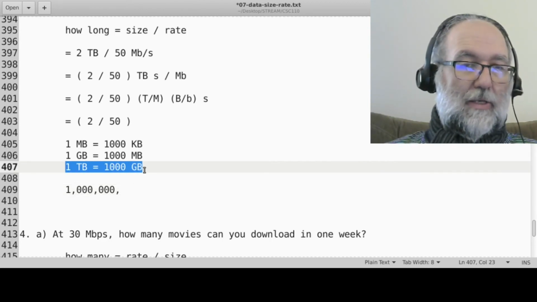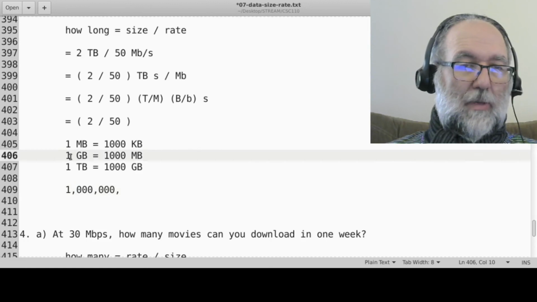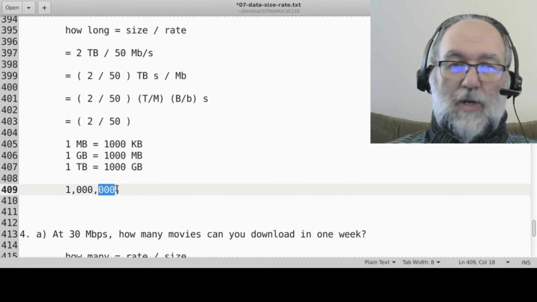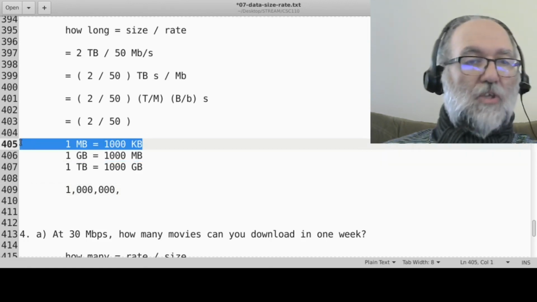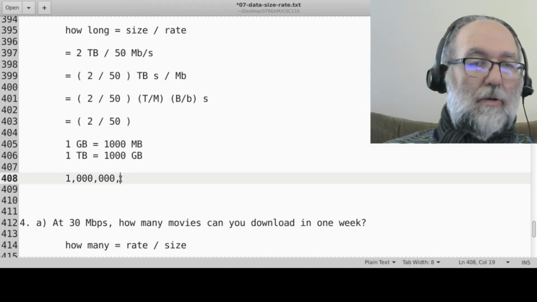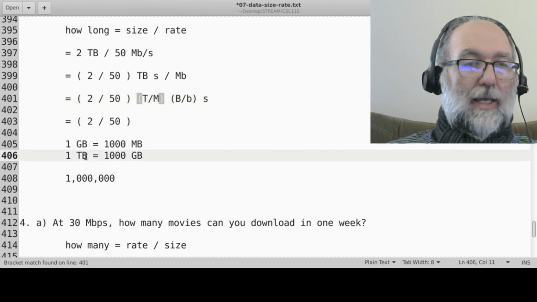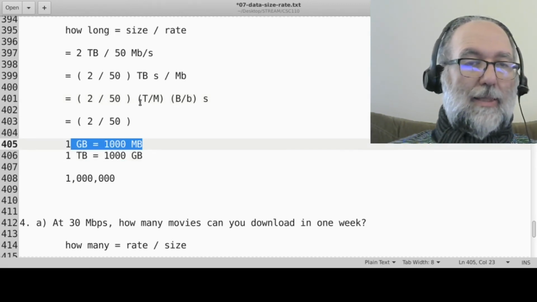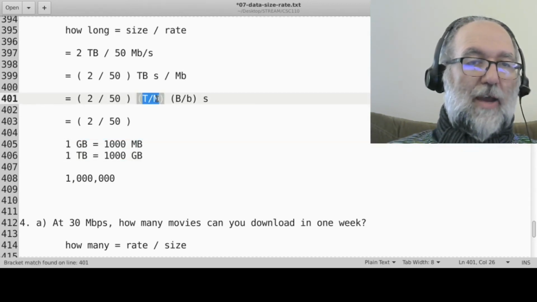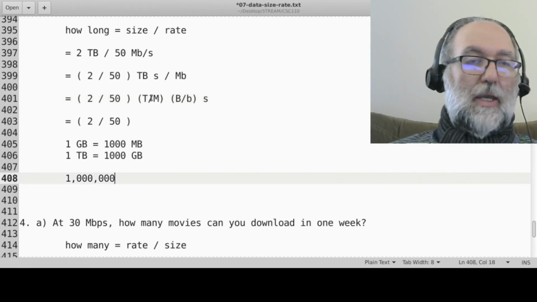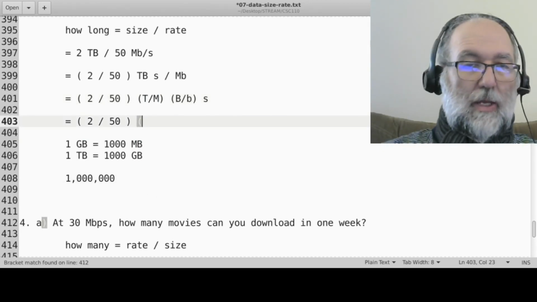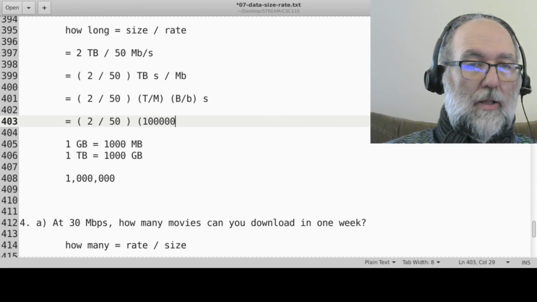From tera to giga, that was the first 3 zeros. From giga to mega, that's the next 3 zeros. I'm sorry, we don't have to go to kilo. I was about to go one step further, but we don't have to. Tera to giga, 1,000. Giga to mega, 1,000. So tera divided by mega is 1,000,000. Okay, so this number here is 1,000,000.